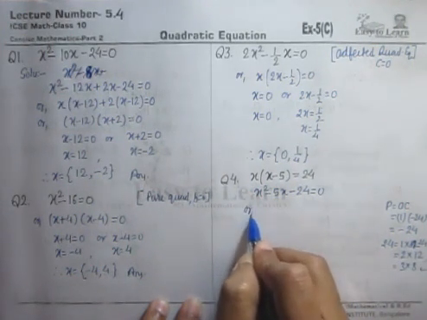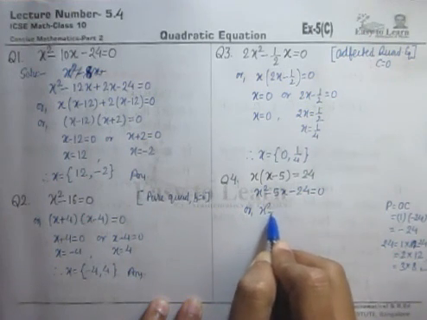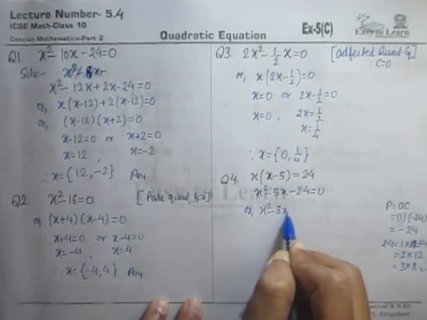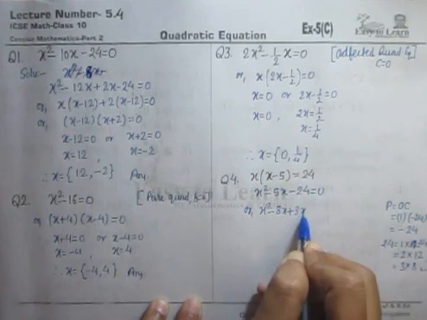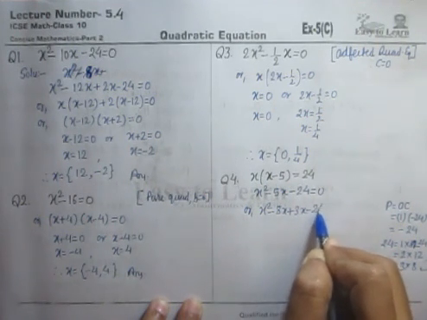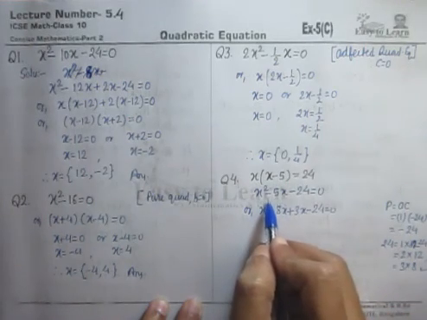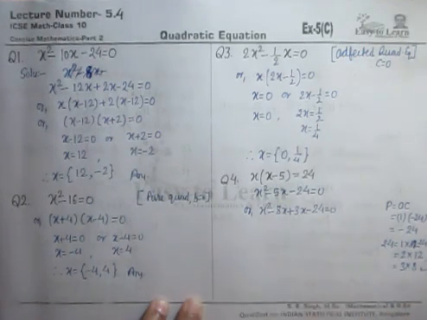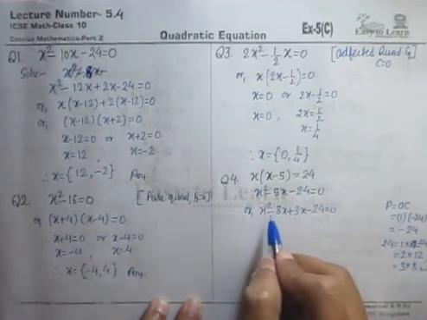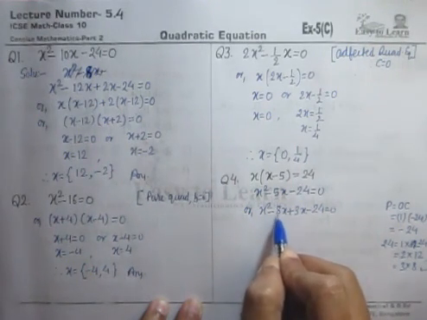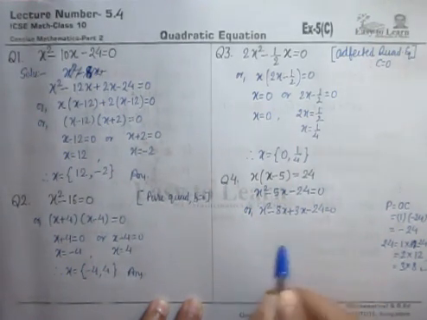So we can write x square minus 8x plus 3x minus 24 equal to 0. The bigger part will have the same sign as that of the middle term. 8x will be in minus and 3x will be in plus.